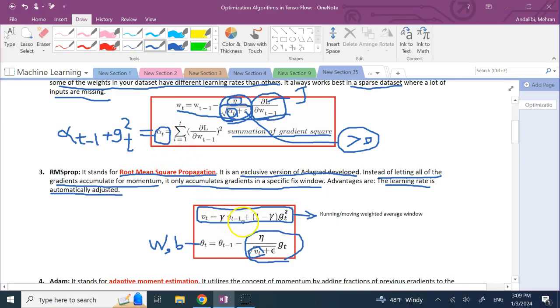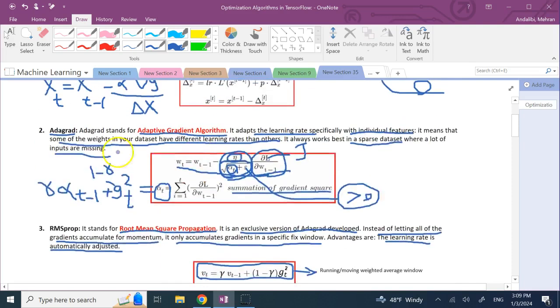But here I'm not doing that. I multiply each one of these by some weight. I multiply this by the weight gamma, and I multiply this by the weight 1 minus gamma. So I give each one of them a discount factor. Okay, so you see it's an adapted version of what? An adaptive and different version of Adagrad. That's all it is.